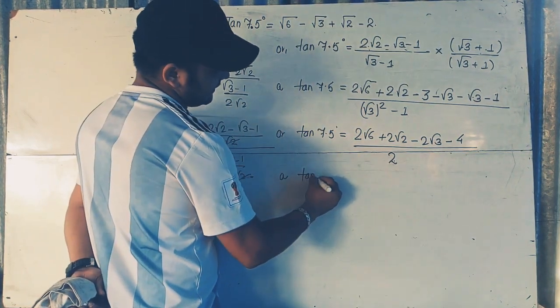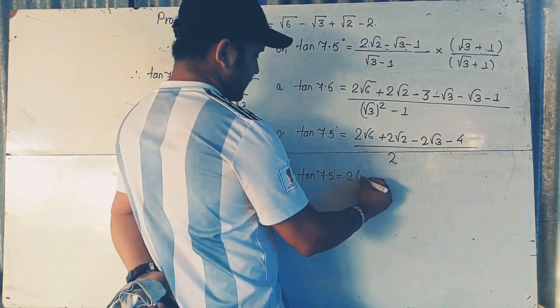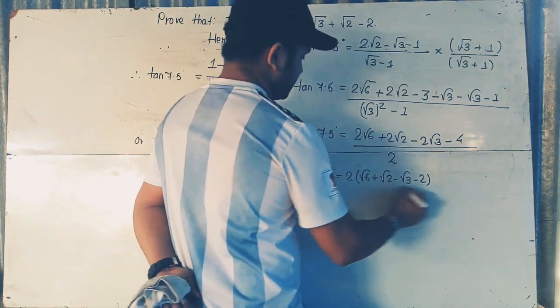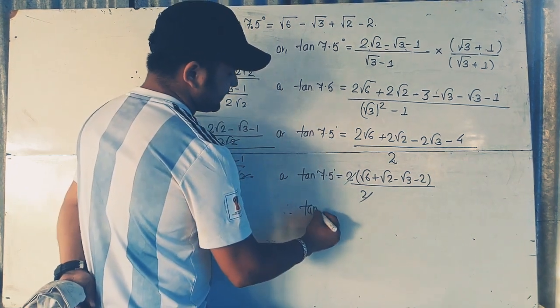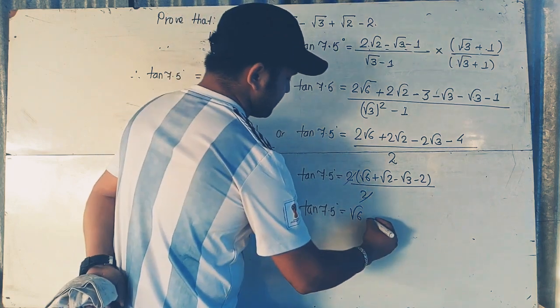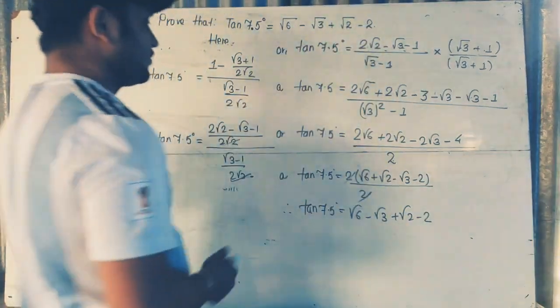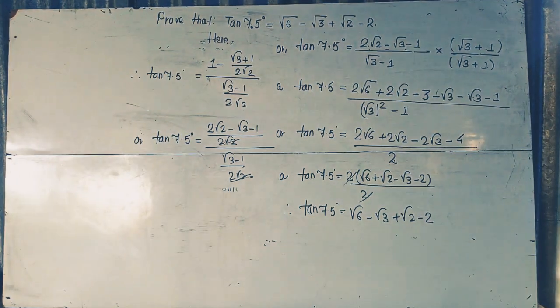So tan 7.5 degree equals, now you can take 2 common and you will have here root 6 plus root 2 minus root 3 minus 2 divided by 2. Now if you cancel this, we get tan 7.5 degree equals root 6 minus root 3 plus root 2 minus 2, as we had told in the previous question. So this is the way for solving the problem.